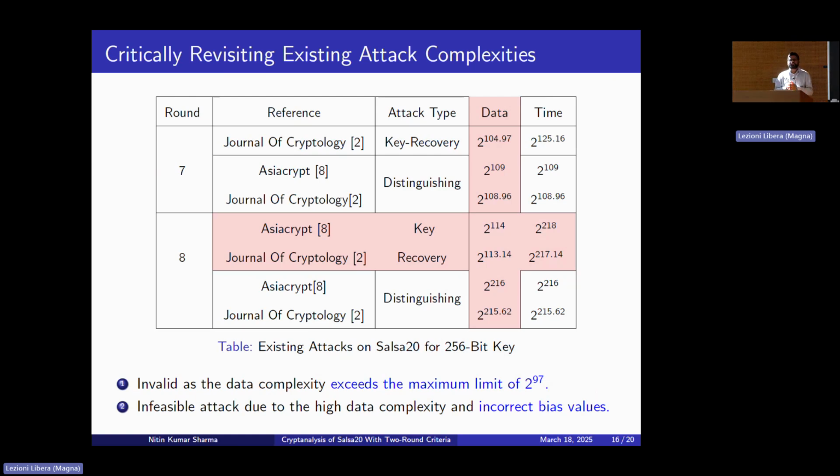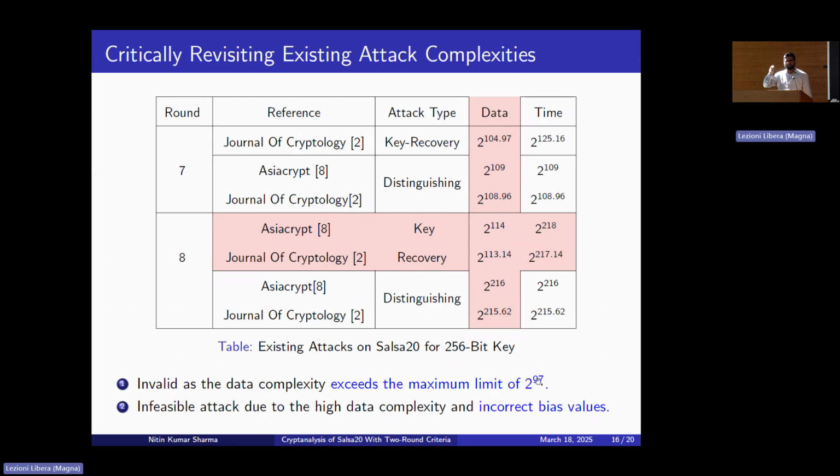So as I mentioned, for 1 round criteria, as we are controlling and giving input difference at 1 IV bit, we have only a limit of n to be 2 power 96. But in these two works on 7 round and 8 round, the data complexity is always greater than 2 power 97 after multiplying by p.